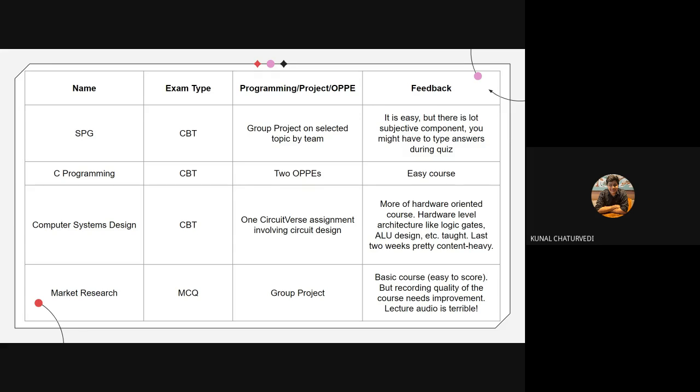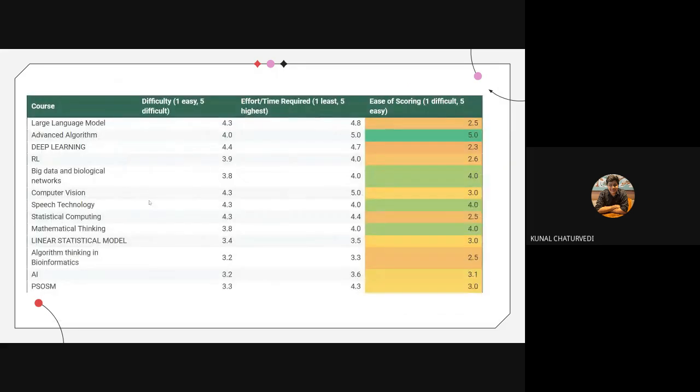I think I had just presented one table for this sort of thing. The right side was feedback on how easy people found it to score in these subjects. If someone wants, you can take a look at these things. Okay, so Jaidev sir is also here. Hello. He can also.